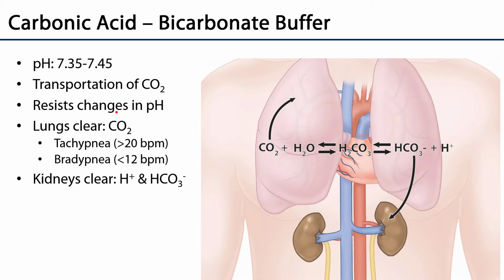Now, this carbonic acid bicarbonate ion buffer system, sometimes just called the bicarbonate buffer system, really helps to maintain that range of 7.35 to 7.45. Now, this buffer system is a very important way in which carbon dioxide can be transported from metabolically active tissues to the lungs.